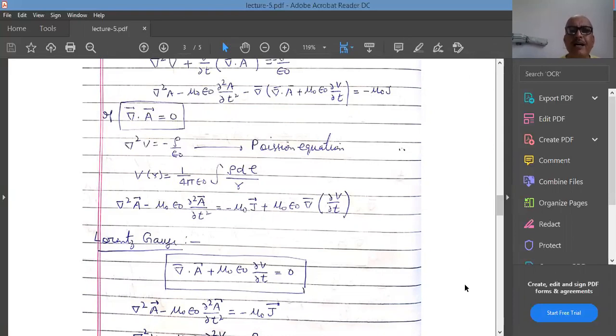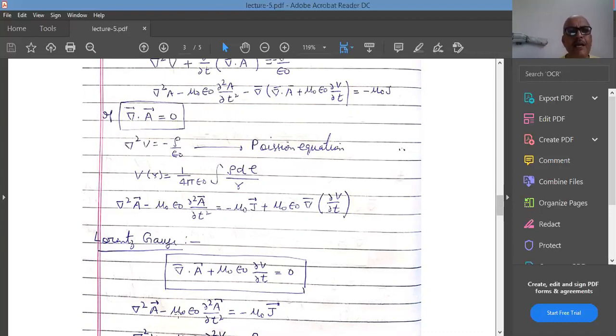If you substitute it in the second equation or fourth equation, since this whole term becomes equal to 0, this equation gets converted to del square A minus mu naught epsilon naught del square A over del T square is equal to minus mu 0 J. You can see this equation here.